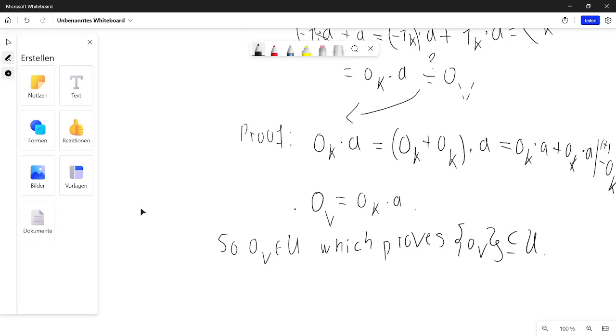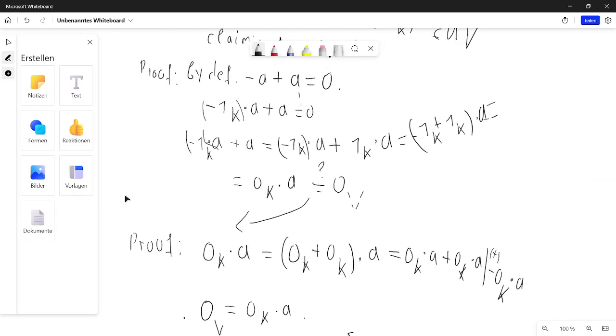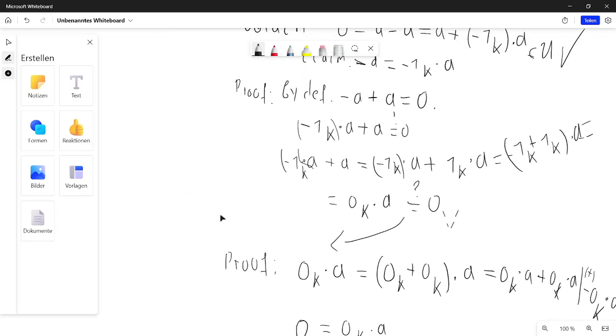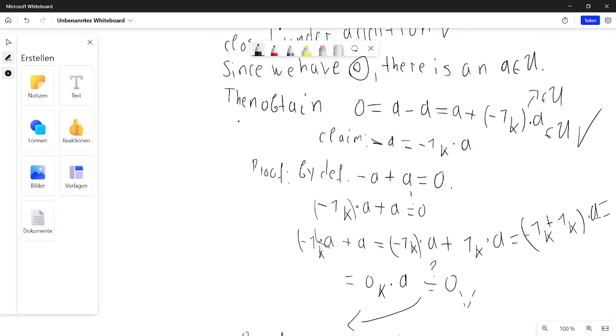Now, we have closeness under addition. We have proof that 0 is within, and if you look very closely at that, we have just proved that for a given a in U, a is given, right?